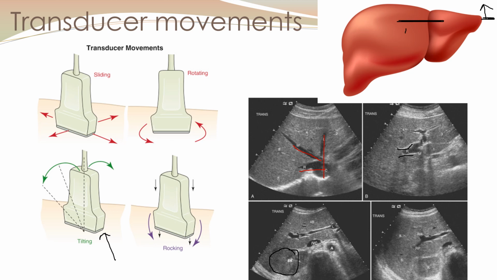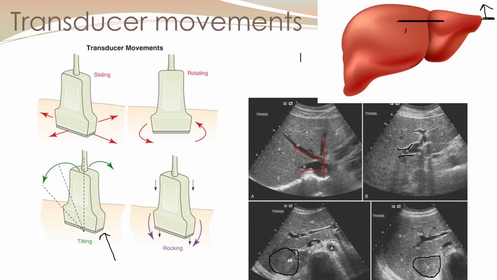Now, sliding can help keep you on anatomy. One of the things that we see here, again, we're in the right liver, and you're seeing that we come into the right kidney here, and then we have a lower region of the right kidney here.